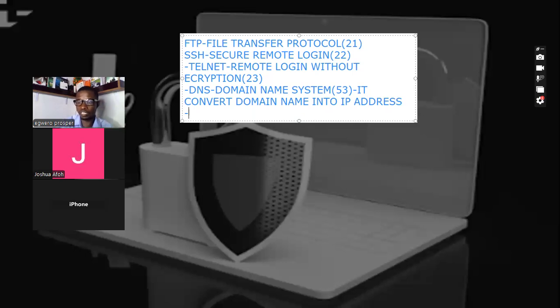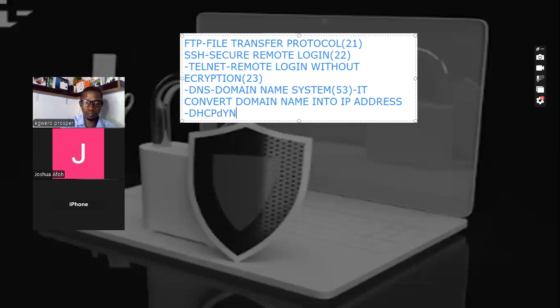So which other one again do I want to discuss here? I say DNS is Domain Name System. And then we have DHCP. That's another protocol. And what is the full meaning of this?